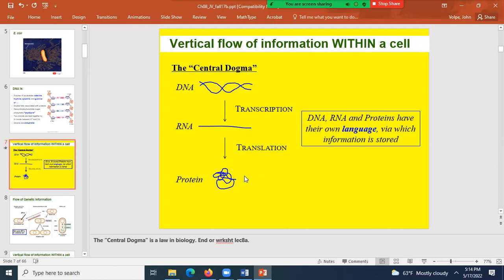It's kind of a law in biology. Any questions about that? Within your cells, this is the only way information flows. But actually, with some viruses, the information does flow from RNA to DNA, and then from DNA back to RNA to protein. And we'll talk about that much later when we're talking about retroviruses.